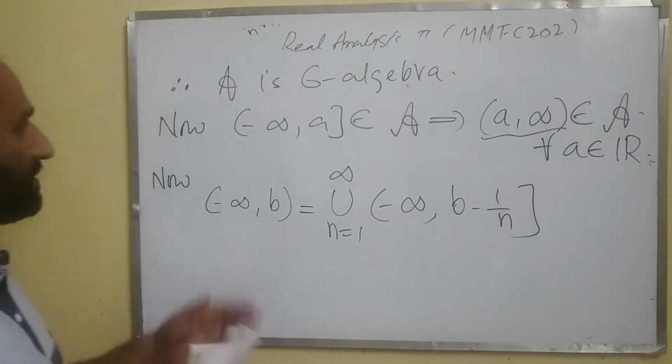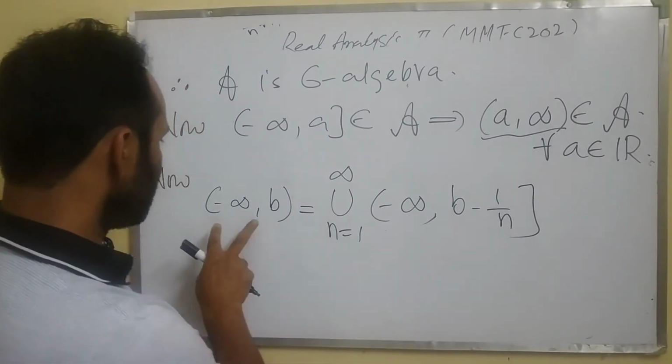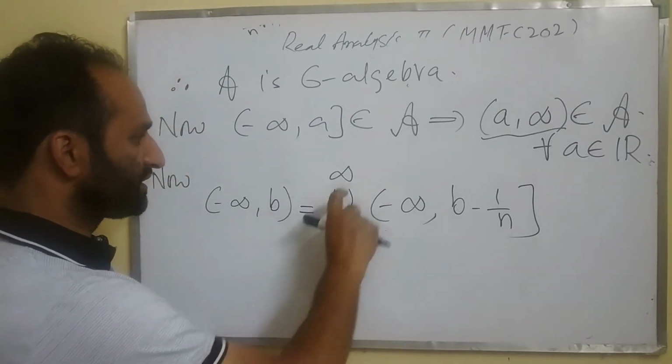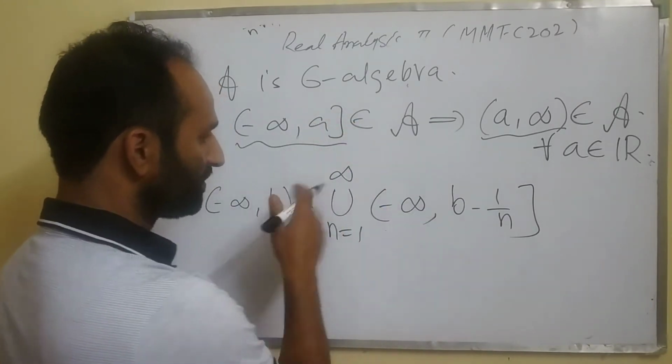So now look at this. It belongs to cursive A, and this minus infinity to b is a countable union of such sets. Each set is of this form.